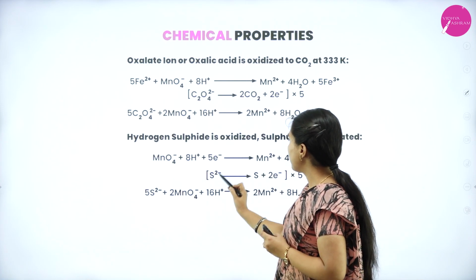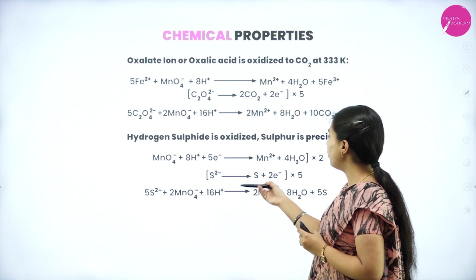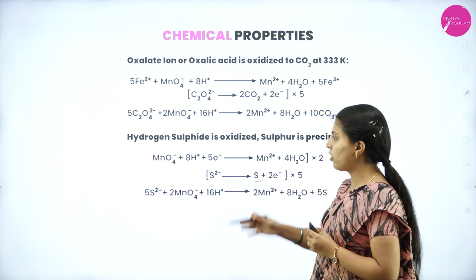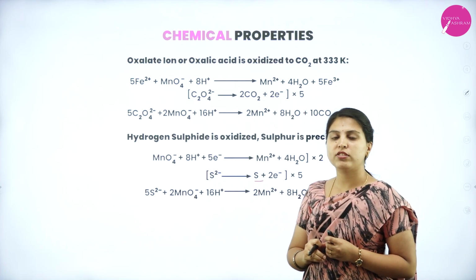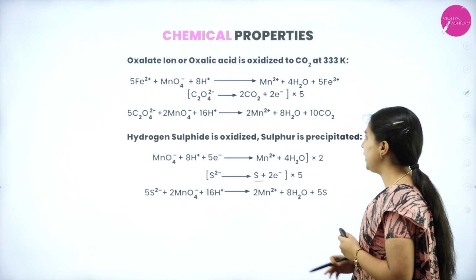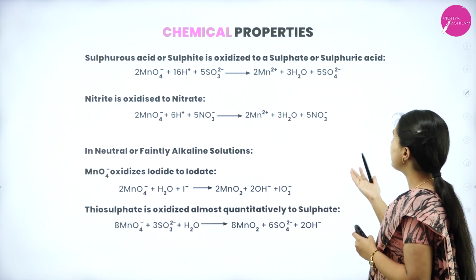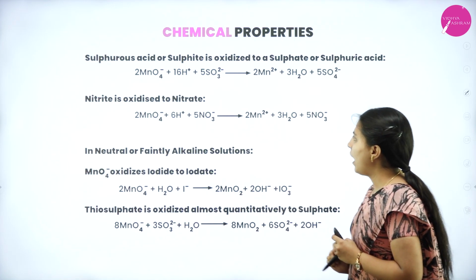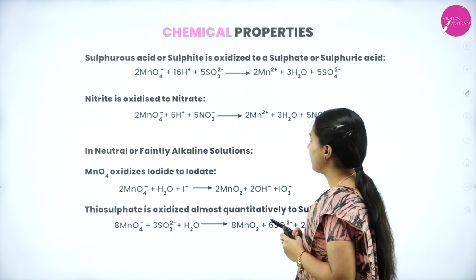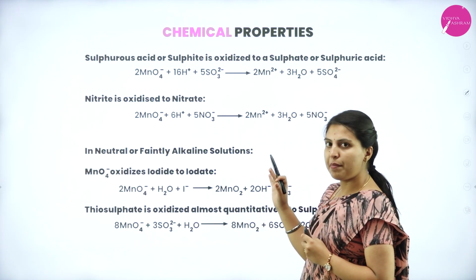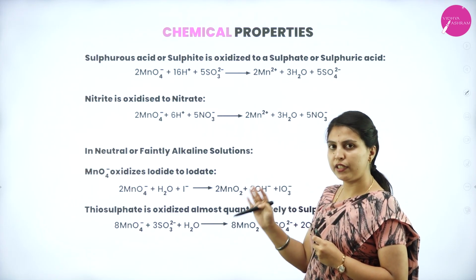Sulfide ion is oxidized to sulfur. Sulfurous acid or sulfite is oxidized to sulfate, and nitrite is oxidized to nitrate. These are all the examples of potassium permanganate acting as an oxidizing agent in acidic medium.